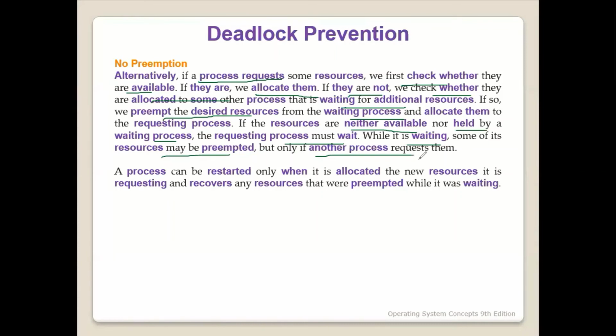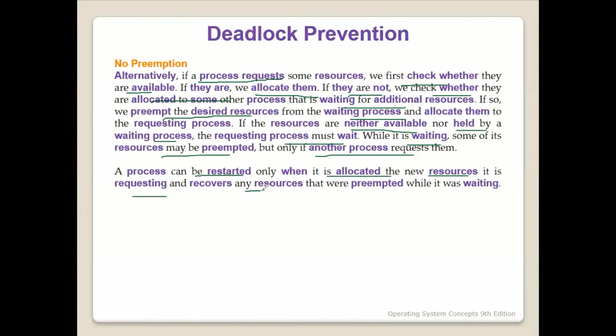You get the idea? So this is the explanation of the situation, and of how the protocol is going to work. By the way, we released the resources from the requesting process. But let's assume that the requesting process has to restart only when it is allocated the new resource it is requesting, and recovers all other previous resources which were preempted while waiting.